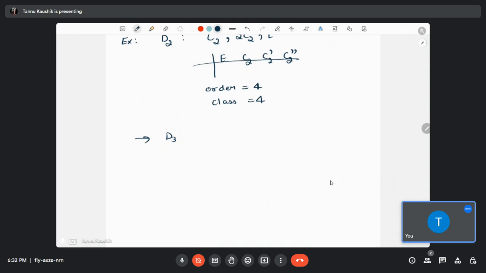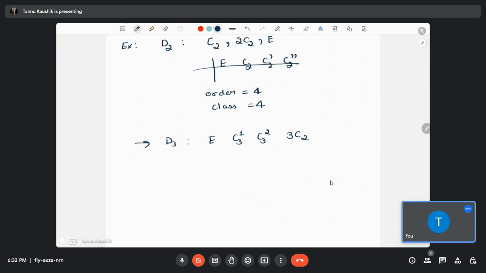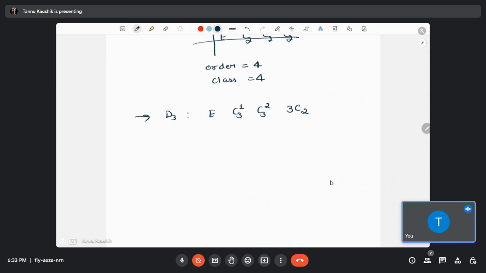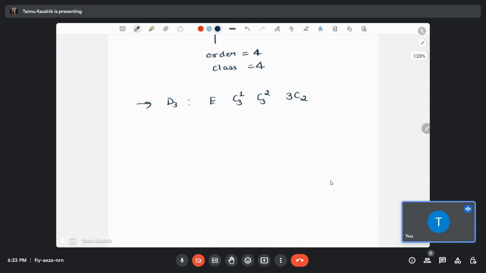And if we take the example of D3, it has E, C3^1, C3^2 and 3C2. Since here n is odd, I have classified these C2 axes of rotation in one class only.